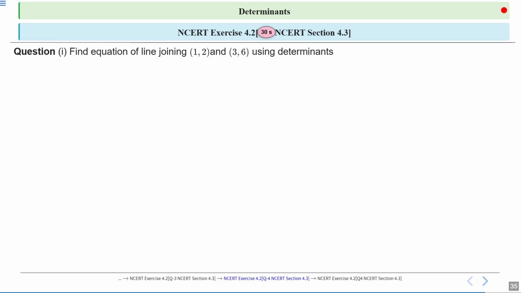Now the fourth question is: find the equation of the line joining (1, 2) and (3, 6) using determinants. Okay, so just try.